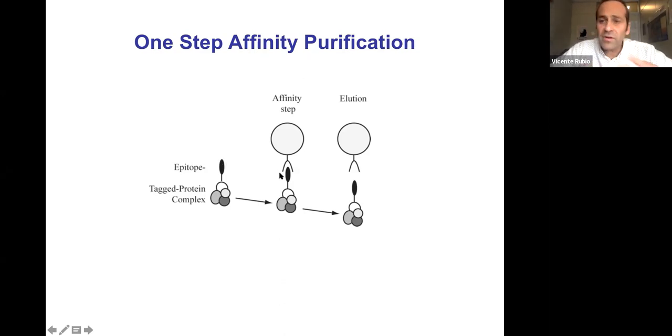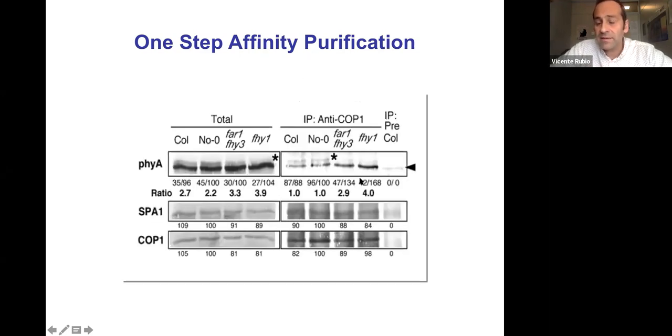Then you will use different washing conditions to remove all contaminants. And finally, you will use elution. The idea is that upon elution, you will get your protein bound to all those interacting proteins that are in your cell-specific type or tissue.